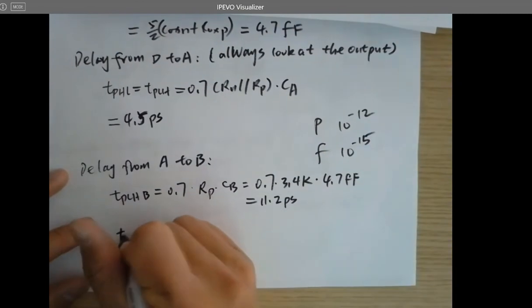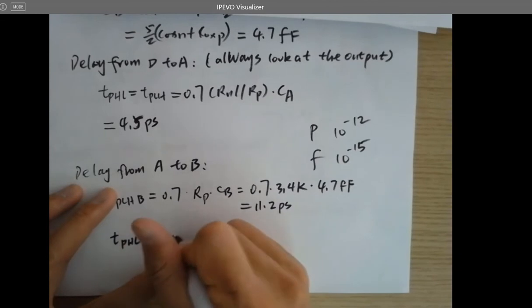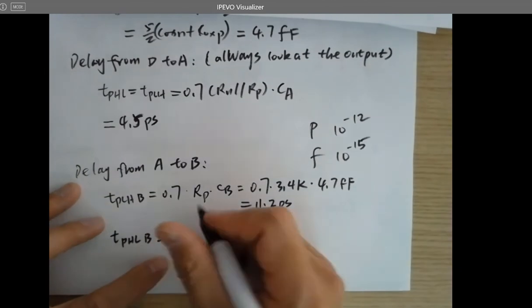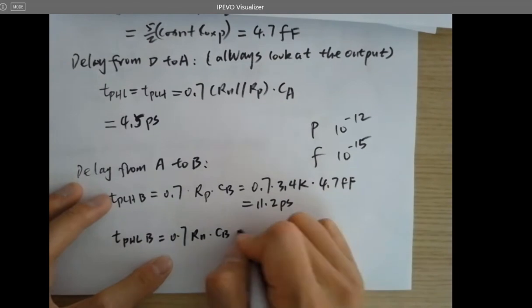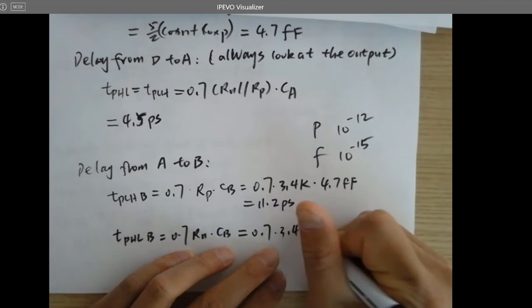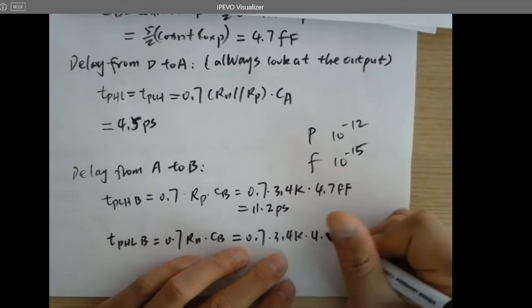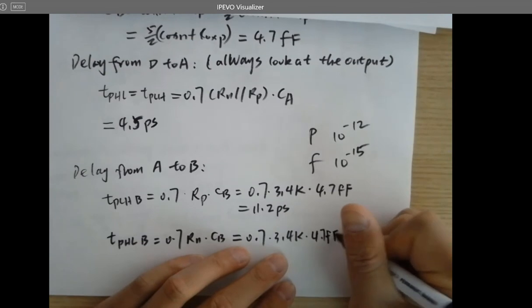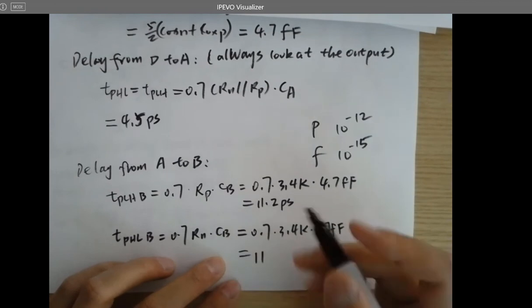And now calculate TPHLB, which is 0.7, since it's HL, so you are using Rn, equals 0.7 times 0.4K times, still the same CB, 4.7 femtofarads. It's just the same value because Rn and Rp are the same.